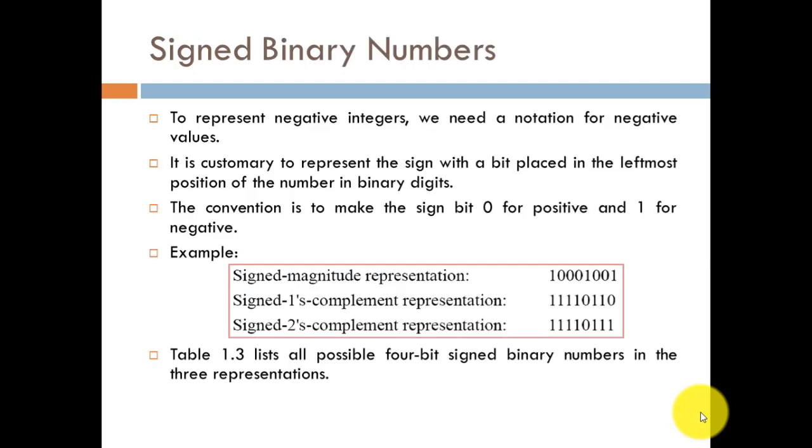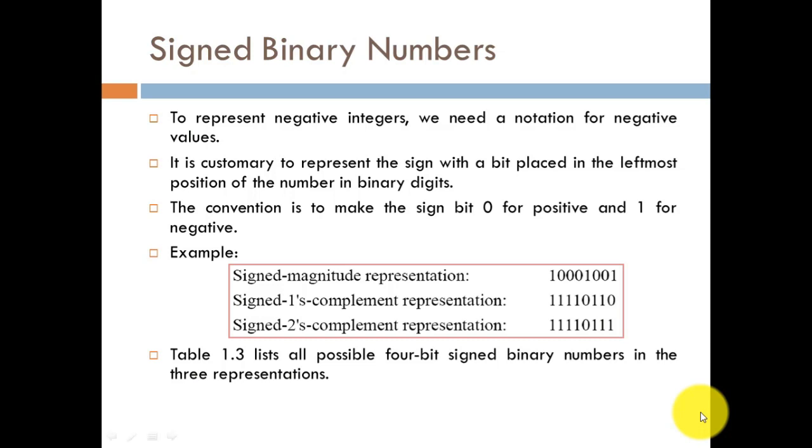So what are signed binary numbers? To represent negative integers, we need a notation for negative values. Although in our earlier lecture we discussed that for subtraction or negative numbers we use complements, just to represent negative integers we need a notation for negative values.